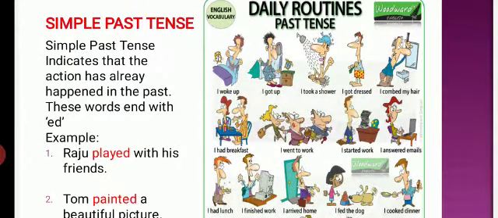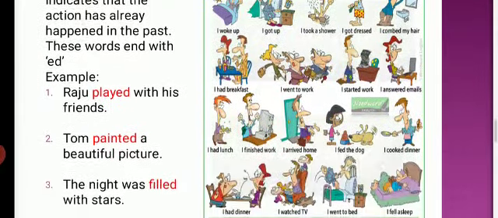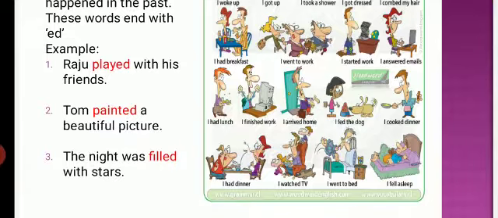Now we shall learn the simple past tense. Simple past tense indicates that the action has already happened in the past. These words generally end or mostly end with the letters ed. For example, Raju played with his friends.